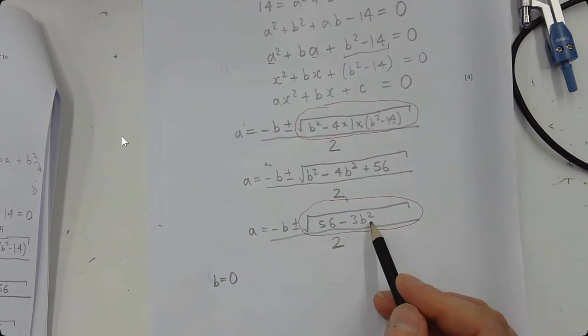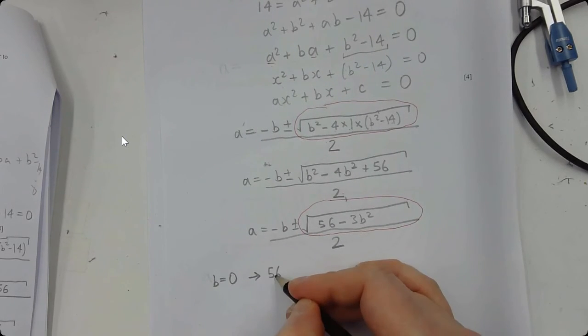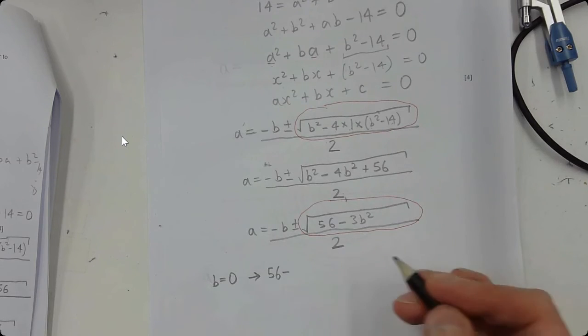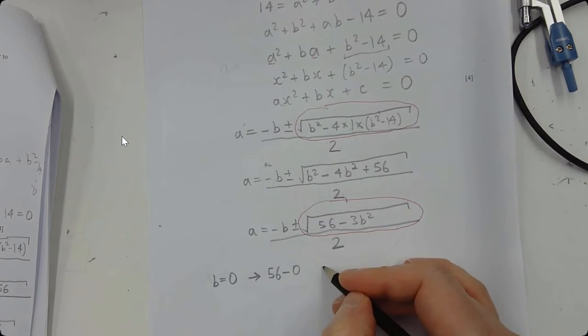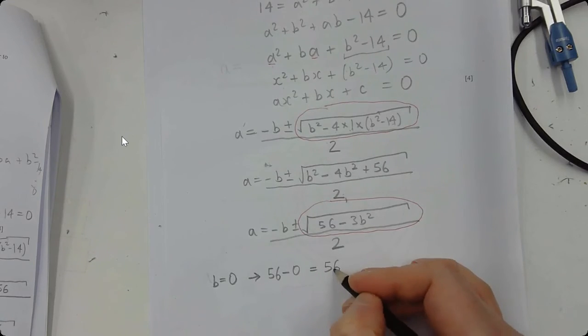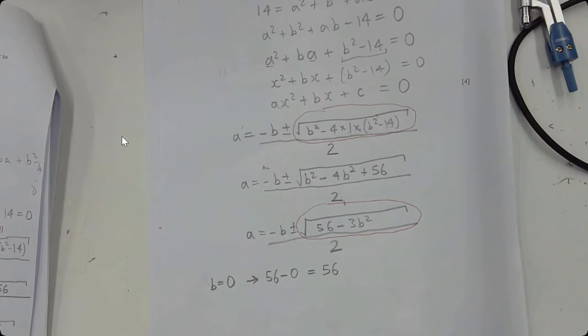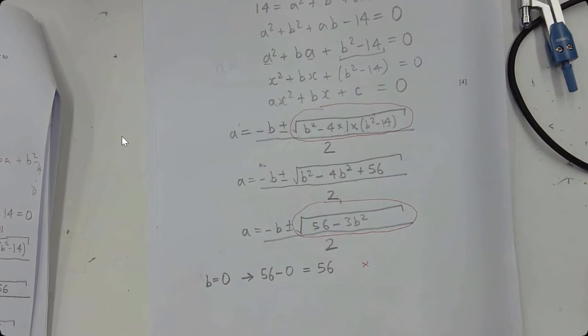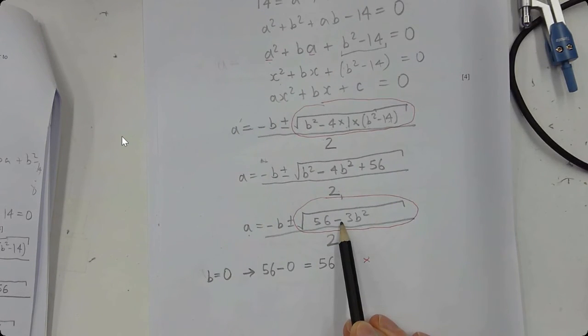It'd be 56 minus 0 squared times 3, which is 0, so it would equal 56. Can you take the square root of 56 and get a whole number? No. So it can't be b equals 0, because this has got to give us a whole number answer for a. If this square root bit doesn't give us a whole number, a cannot be a whole number.